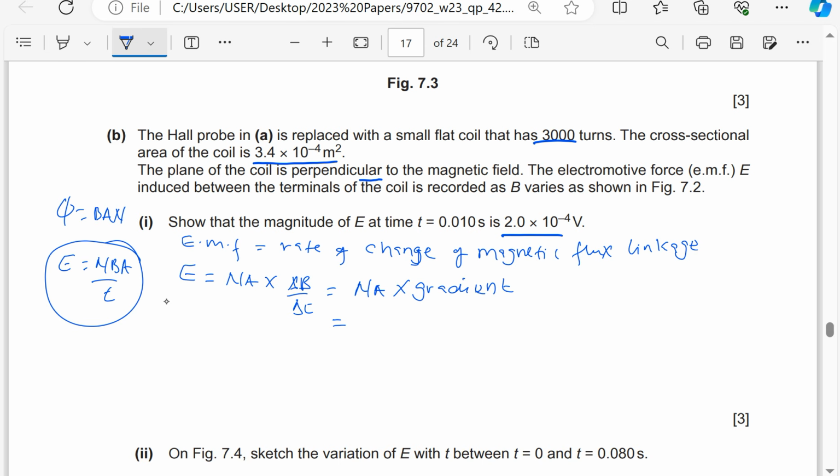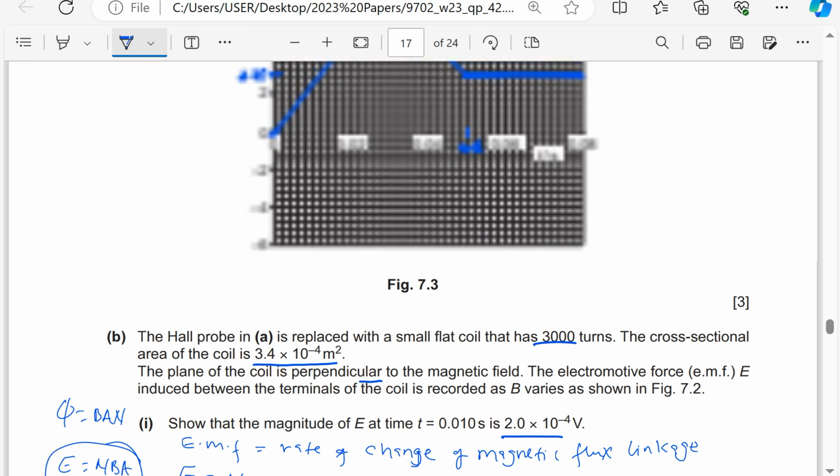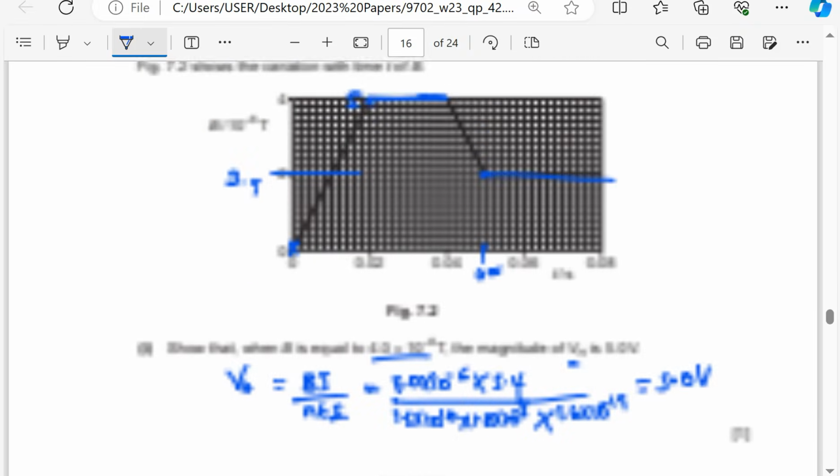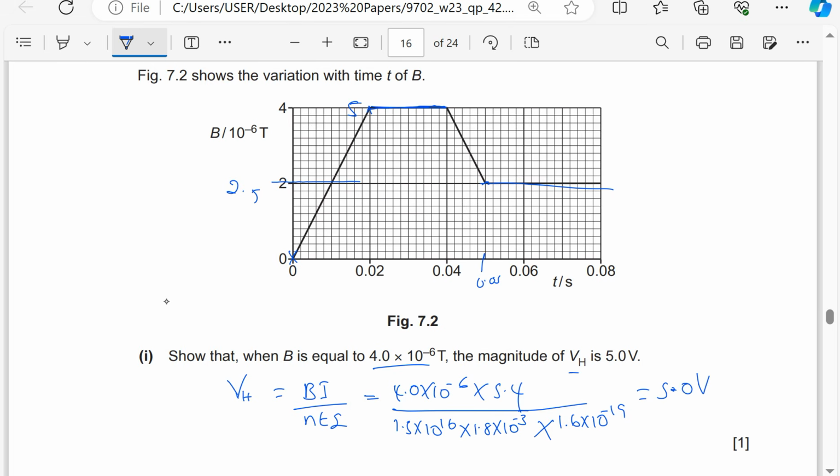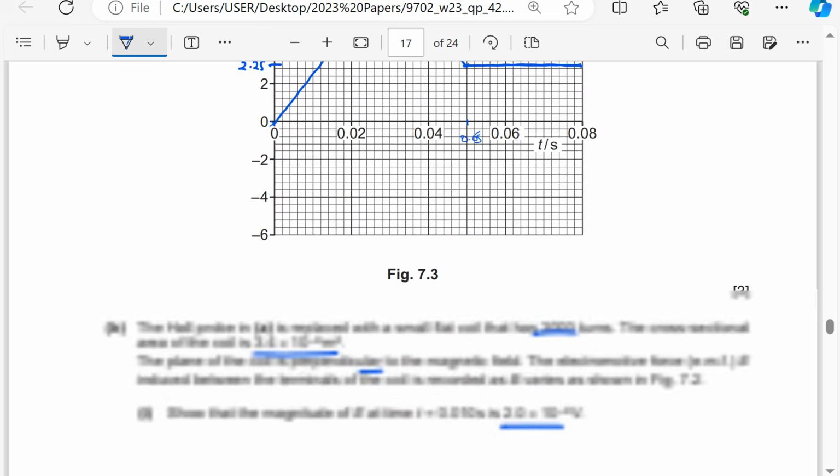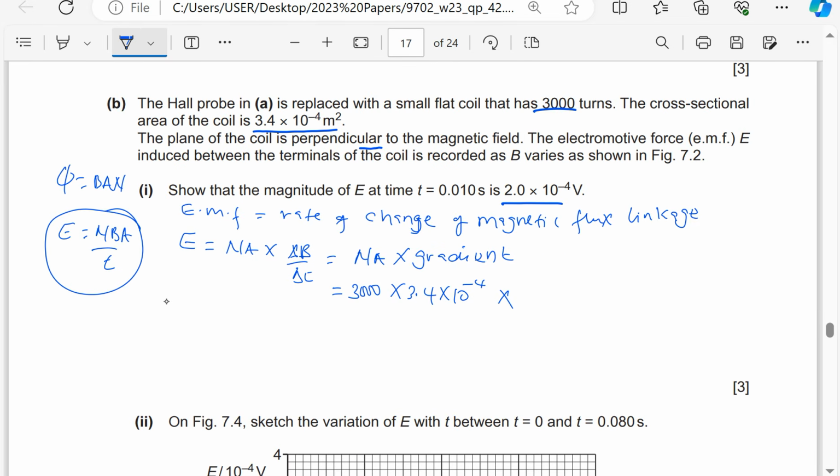So N, the number of turns, is 3,000, times the cross-sectional area, which is 3.4 times 10 to the power of minus 4, then times the gradient. Let's check the gradient. It is 4 minus 0 over 0.2 minus 0, which is simply 4 times 10 to the power of minus 6 divided by 0.02.